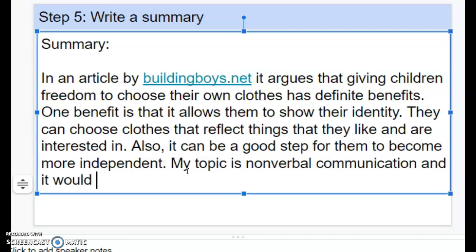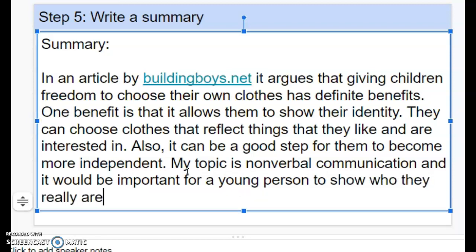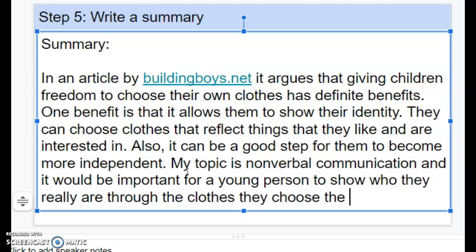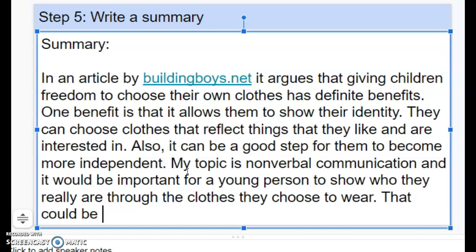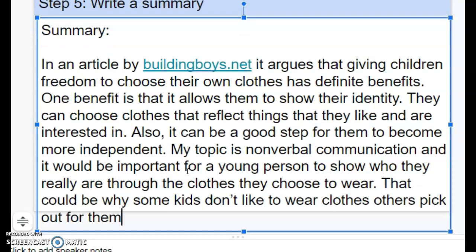And it would be important for a young person to show who they really are through the clothes they choose to wear. That could be why some kids don't like to wear clothes others pick out for them.